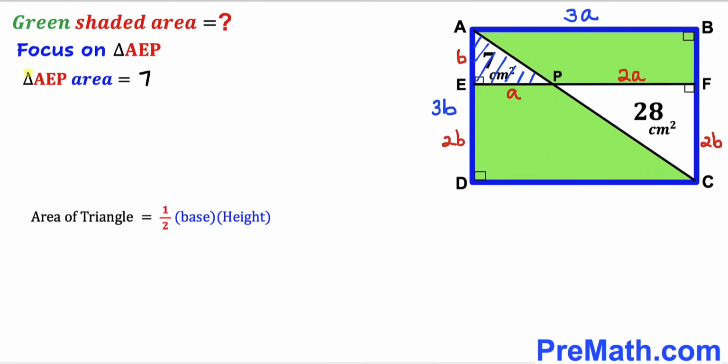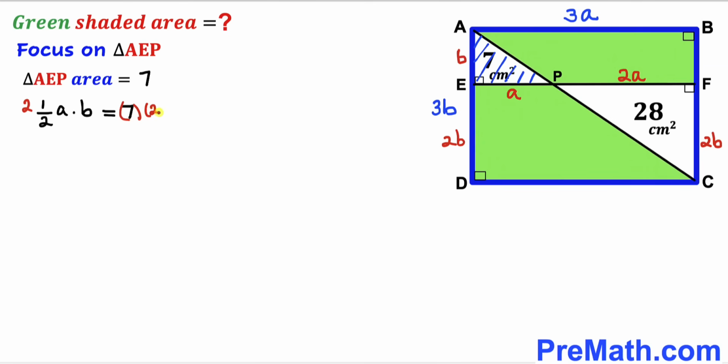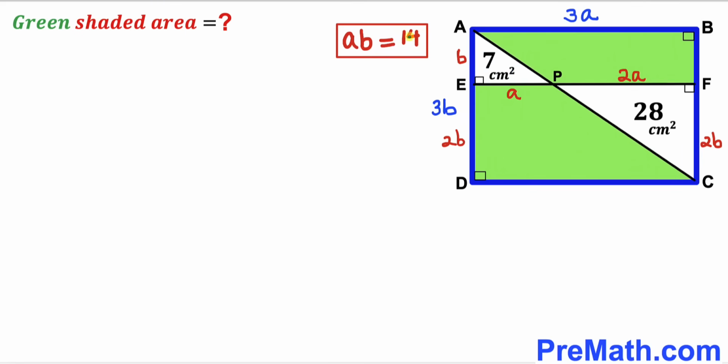So the area of triangle AEP is a half times a times b, equal to 7. Multiplying both sides by 2, we find that a times b is 14.